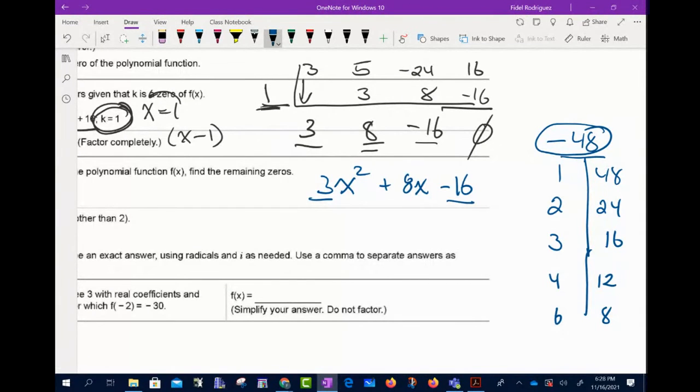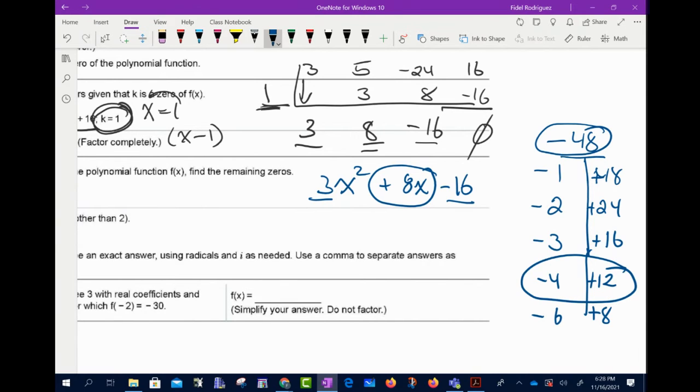The way I can figure out which number is going to be negative is if you look at this term right here, the middle term, since the middle term is positive, that's telling me that the bigger numbers will be positive and the smaller numbers will be negative. Okay? And what I want to do is I want to find the pair that multiply to a negative 48. They all multiply to negative 48. But I want to find the pair that when I add them together, y'all, I'm going to get the number 8.